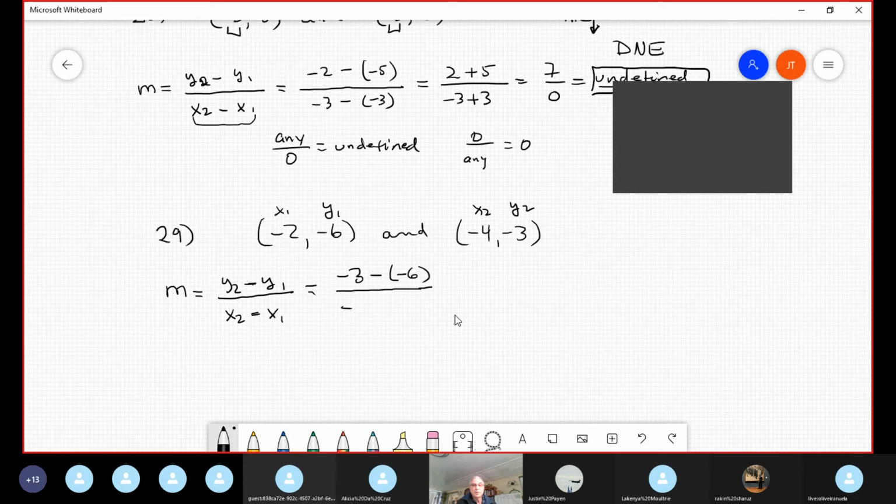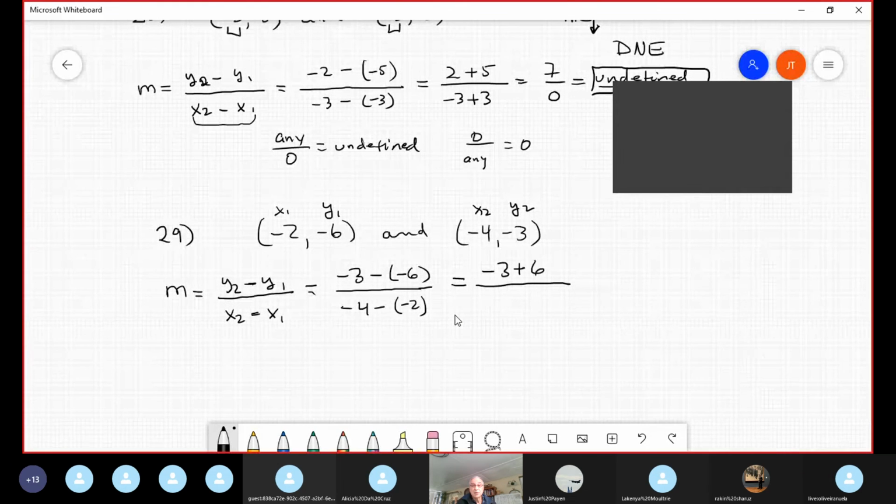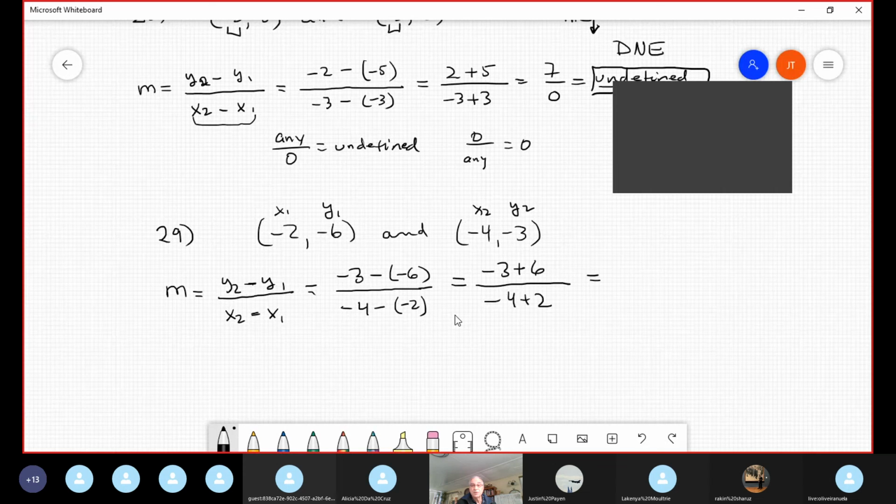X2 is -4 minus -2. In the next step, I remove this double negative that I don't like. It's -3 plus 6 and -4 plus 2. 6 minus 3 is 3, positive, and this is -2. And the answer is -3 over 2.